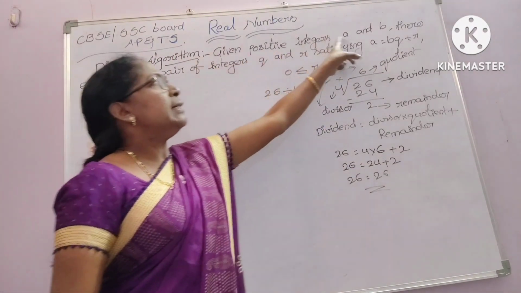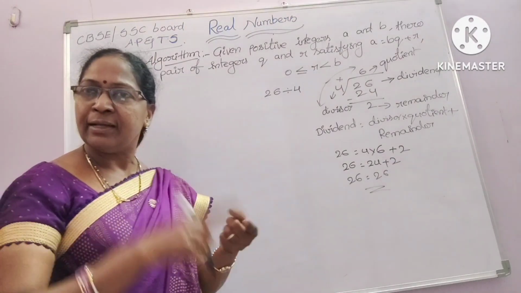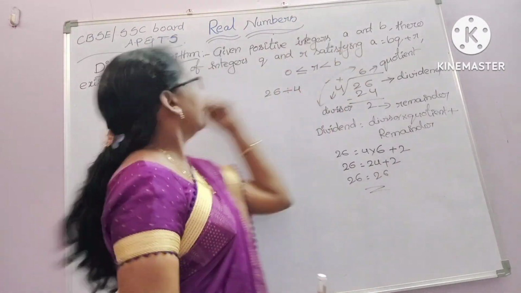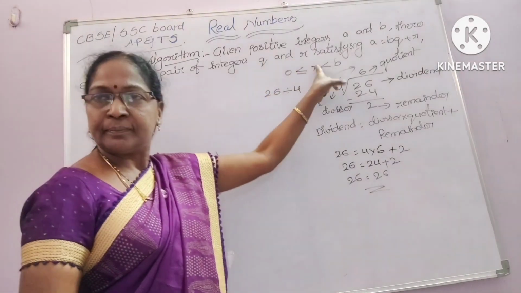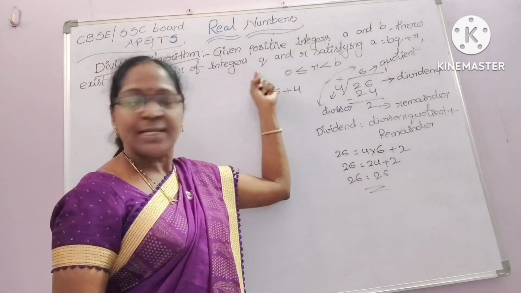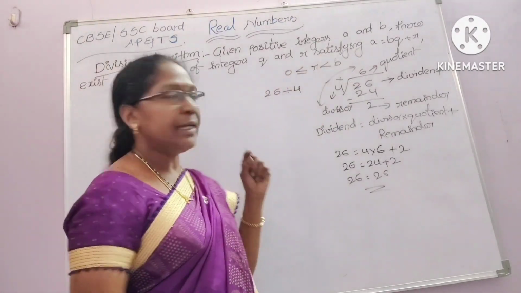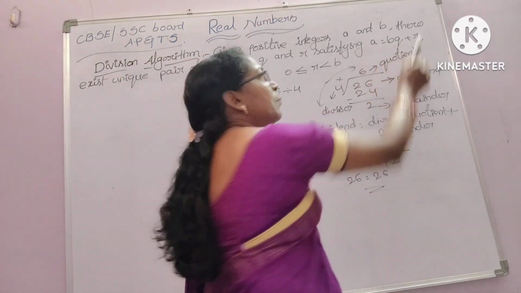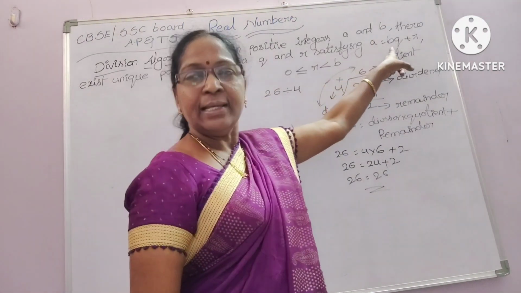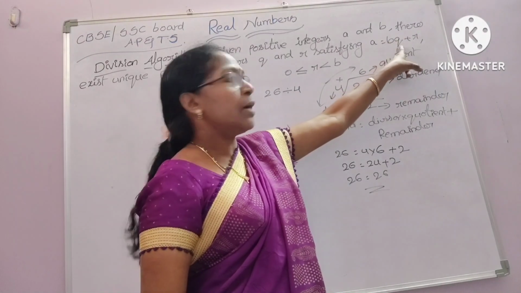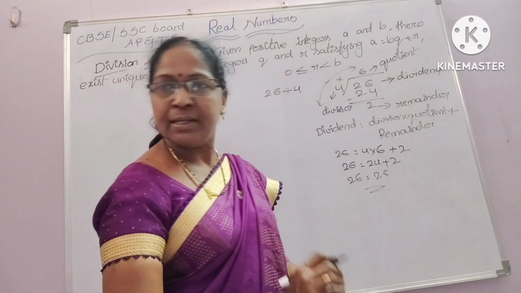Given positive integers a and b, the divisor and the dividend, there exists a unique pair of integers q and r, where q is the quotient and r is the remainder, satisfying the equation a equals bq plus r, where a is the dividend, b is the divisor, q is the quotient and r is the remainder. This is the division algorithm.